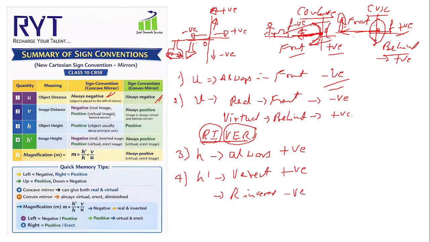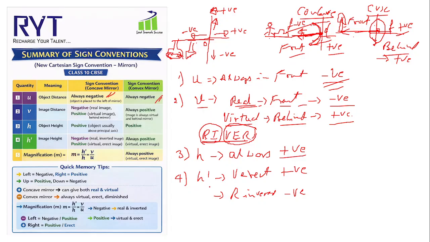Okay, clear? So let me repeat once again. Object distance is always in front of the mirror, so negative. Image distance, if it is in front of the mirror, is called a real and inverted image. It is going to be negative. Virtual will be behind the mirror, so always positive. Image distance for real is negative, for virtual images it is positive. Now if you come to height, height of the object h is always positive.